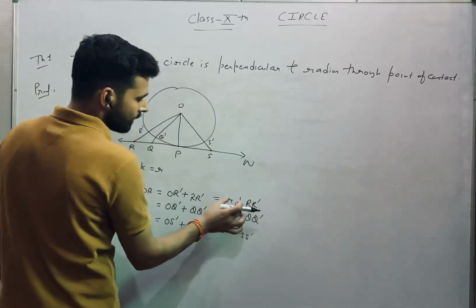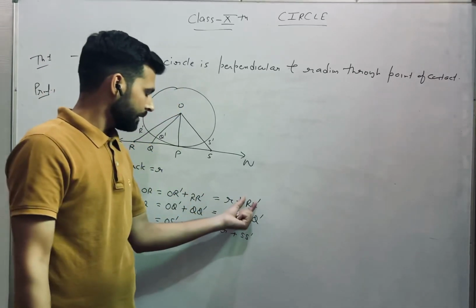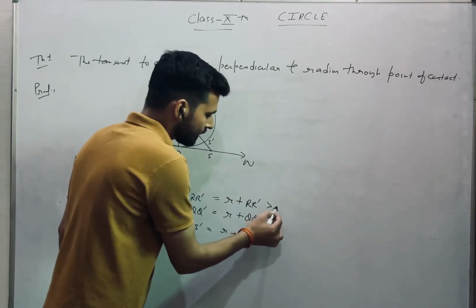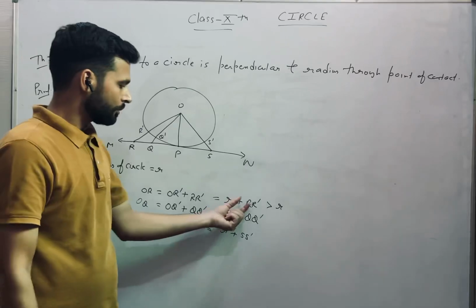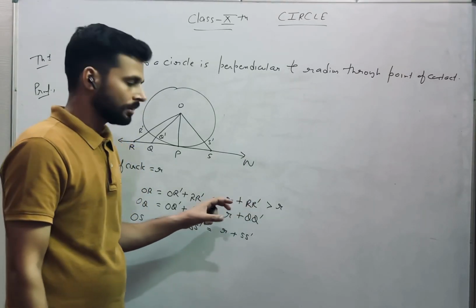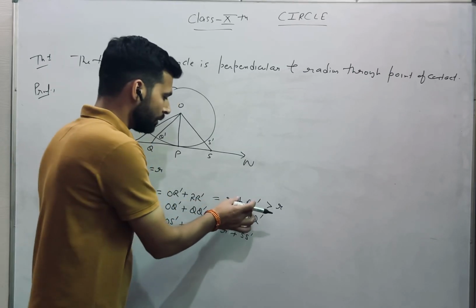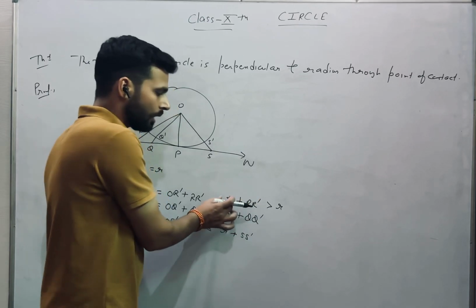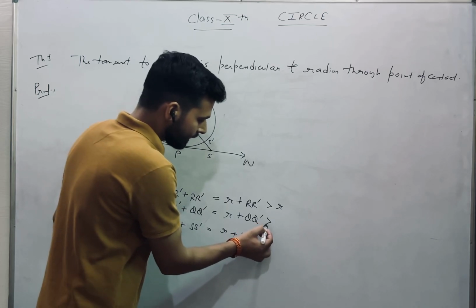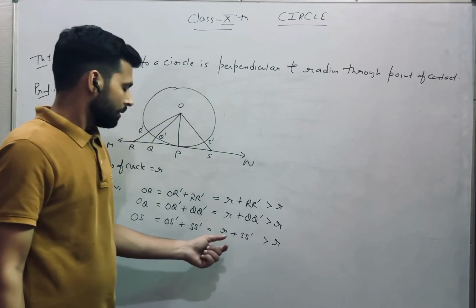And if we add a distance to the radius of the circle, then it will be greater than R, because RR dash is a distance and it will have a positive value. Maybe very very small, but it will have a positive value. So if we add a positive value to R, then it will be greater than R. And R plus QQ dash is also greater than R, and R plus SS dash, similarly, will be greater than R.